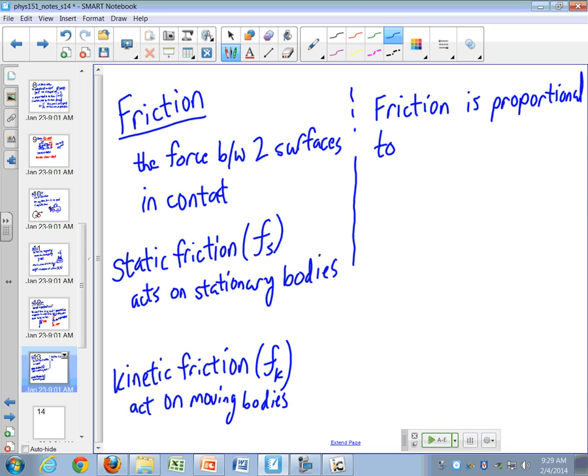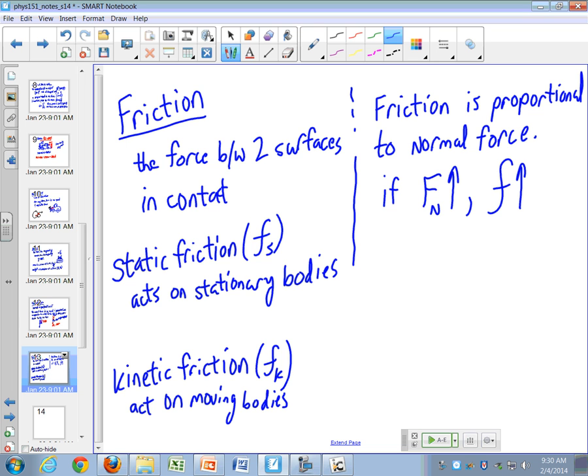When I say that it's proportional, that means that if the normal force increases, what happens to the friction? It increases as well. So if Fn goes up, then the frictional force will also go up. They're proportional. If you do one thing to one, the other happens to the other.